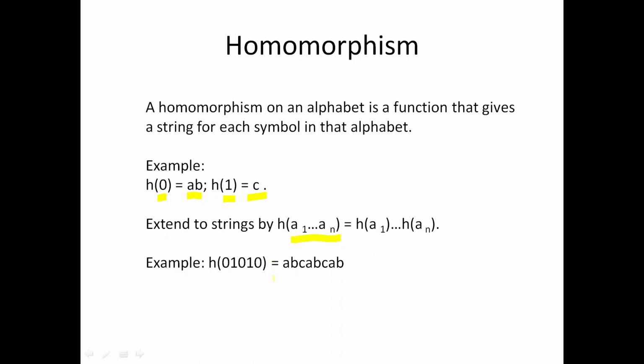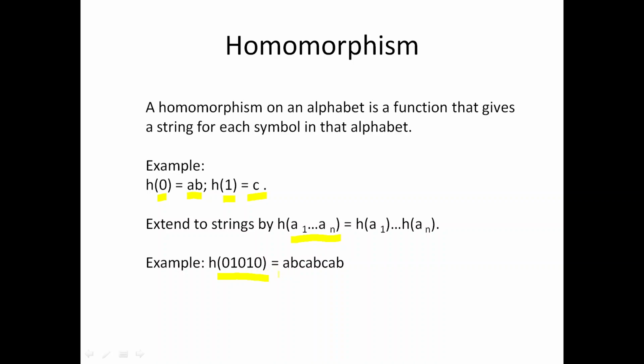Okay, so now let us see what we mean by this with respect to an example. Here we have defined a homomorphism where homomorphism of 0 is AB, and homomorphism of 1 is C. Now you can apply this to a string, and what you are doing is you apply homomorphism on 0, and you concatenate it with homomorphism of 1, and then with homomorphism of 0 and so on.